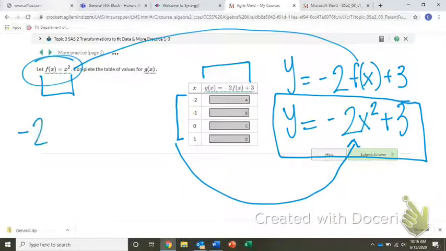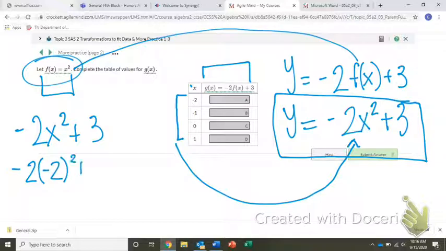Negative 2x squared plus 3. The first one tells me to plug in a negative 2 for x. Negative 2 times negative 2 squared plus 3. And then we have negative 2 squared.